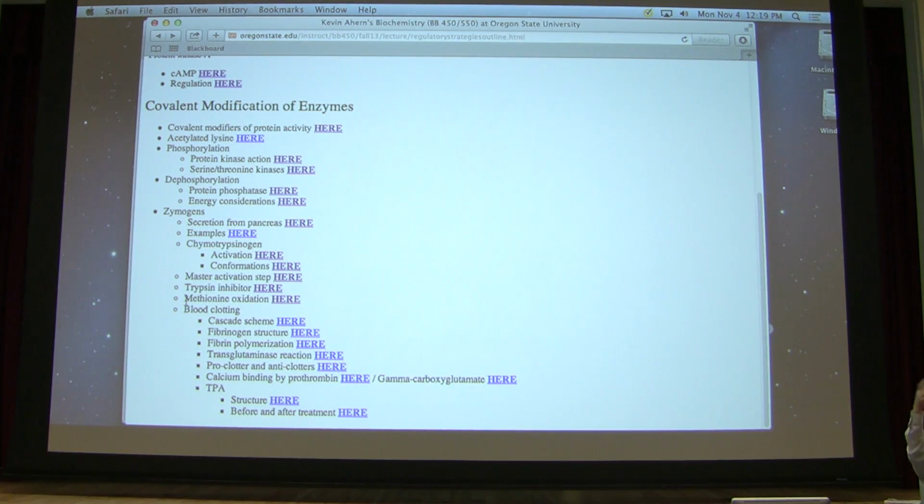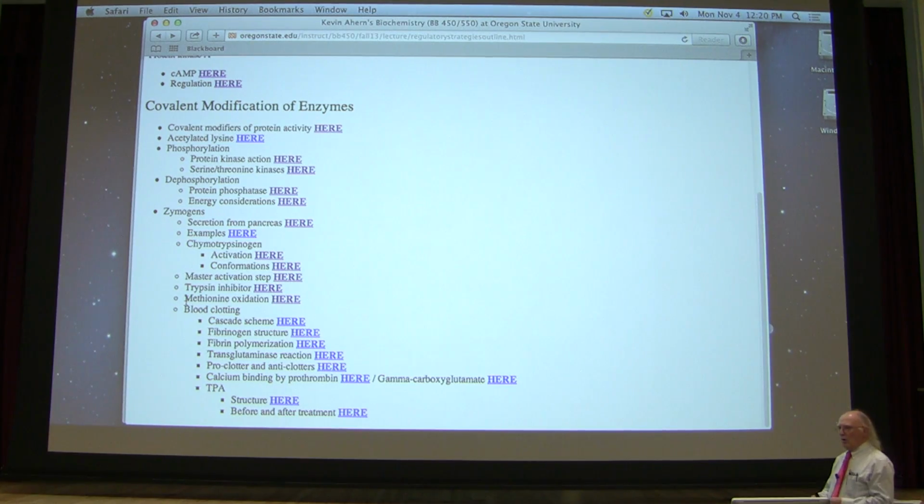So it might activate, let's say, 1,000 trypsinogens to become trypsin. But now those 1,000 trypsins can activate 1,000,000 chymotrypsinogens to become chymotrypsin. So at each step in that cascade, what we see is an amplification of the signal. And that amplification buys us time because it means this mobilization, this change that happens, can happen very, very rapidly.